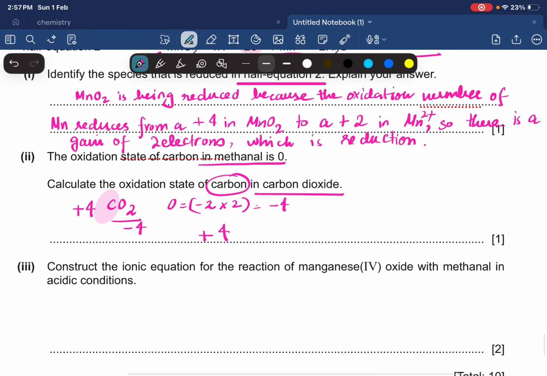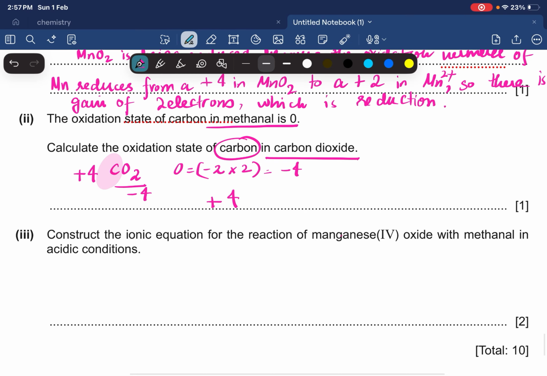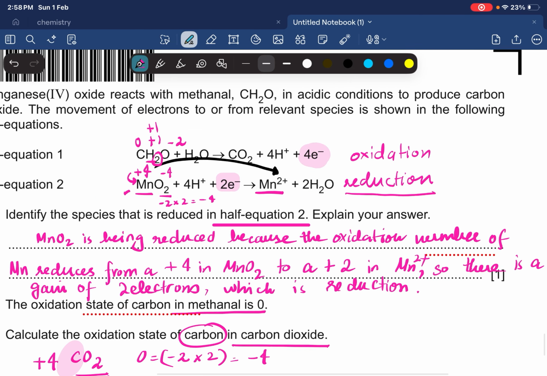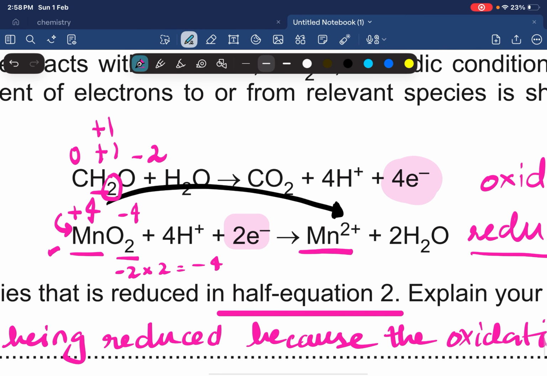Okay, construct the ionic equation for the reaction of manganese IV oxide with methanol in acidic conditions. So now we have to write an ionic equation. These are the 2 equations. We have to combine the 2 equations, cancel out the species that come twice or thrice, and balance everything that's on the right and on the left. So we cut everything that we don't need.